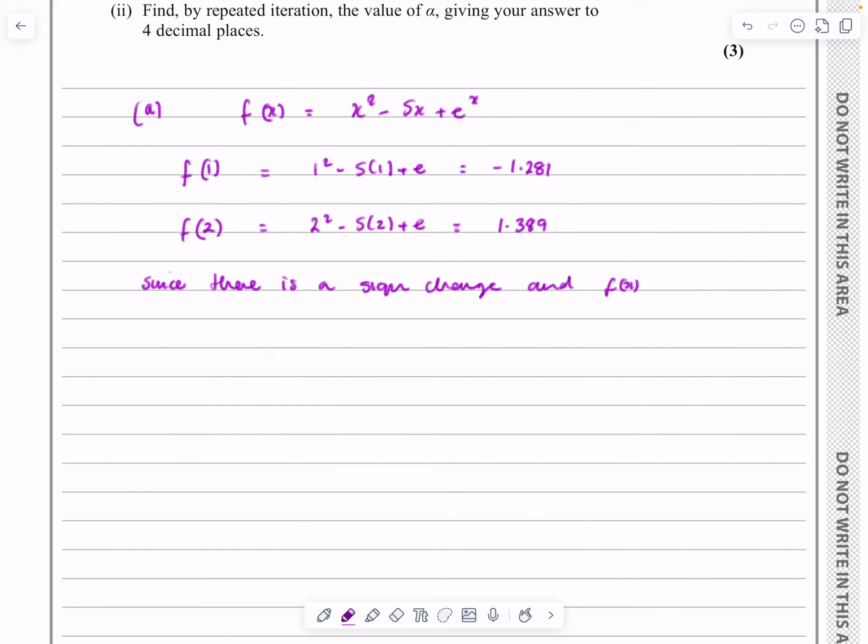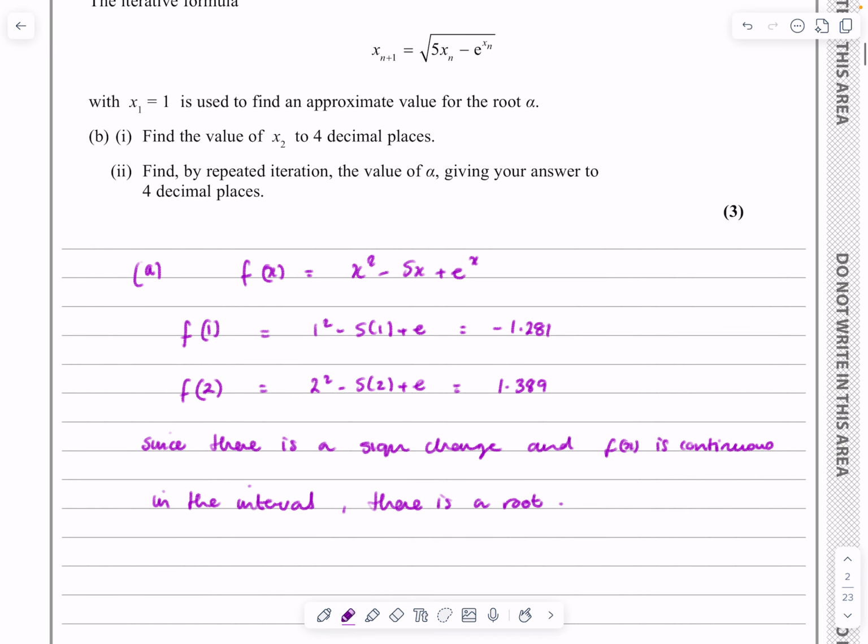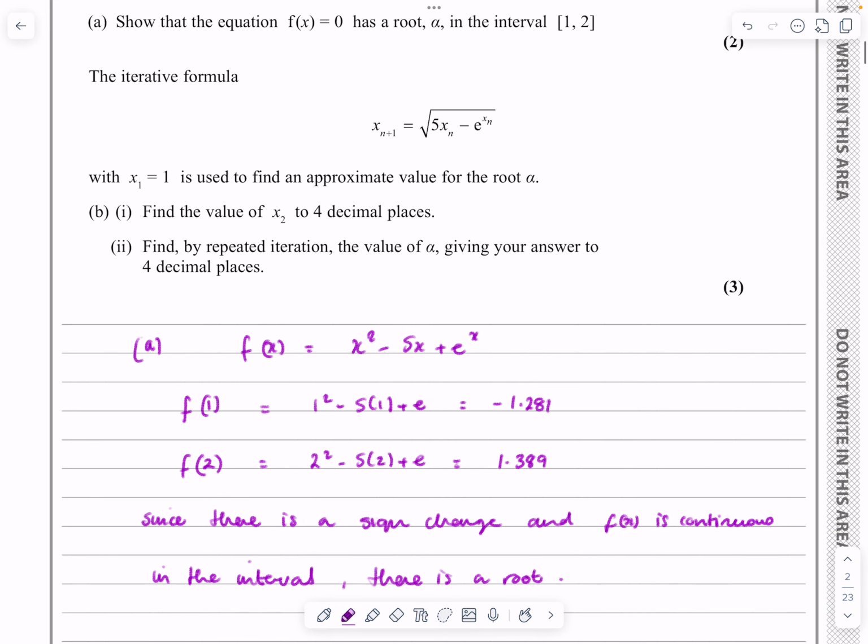You have to say that second part. f(x) is continuous, in the interval at least. Now we can say there is a root. So make sure you've got your own version of that, or copy exactly that phrase down for these location of roots parts, part A of this question.